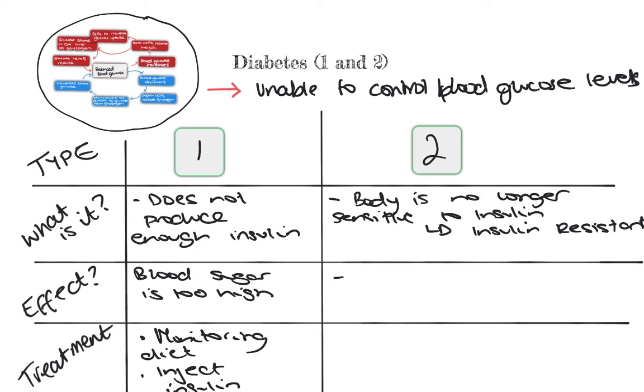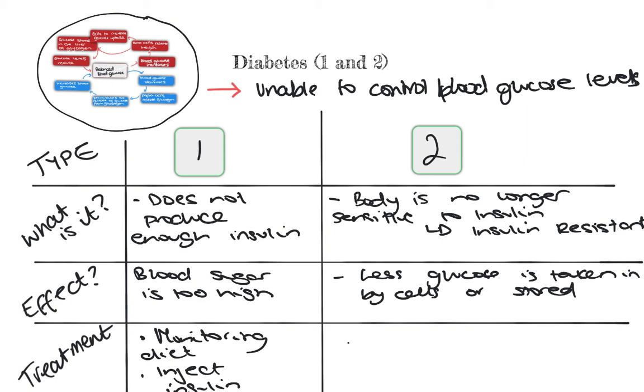So like I said, the effect is that less glucose is taken in by cells or stored. And again, that can give you your symptoms of high blood sugar, but also the hypos where blood sugar levels drop because there isn't that blood glucose stored as glycogen.